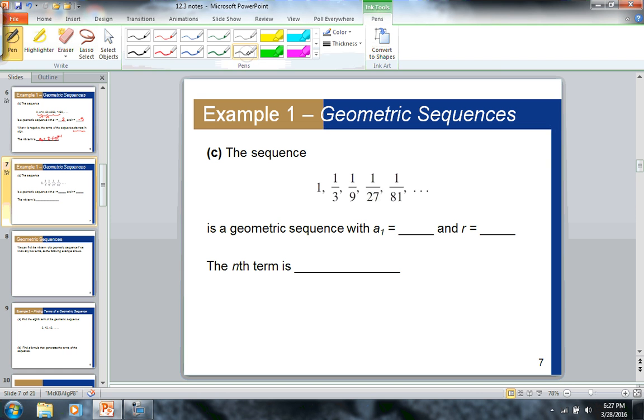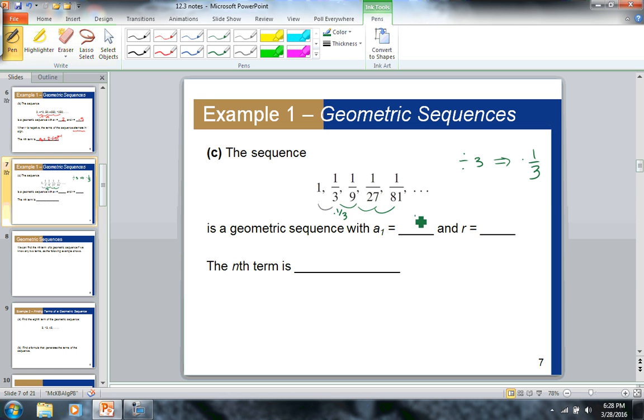So here to go from 1 to 1/3, we would multiply by 1/3 or divide by 3. And then 1/3 times 1/3 would be 1/9. And 1/9 times 1/3 would be 1/27, and so on. So it's like dividing by 3, but dividing by 3 is the same as multiplying by 1/3. So hopefully you're comfortable with that concept.